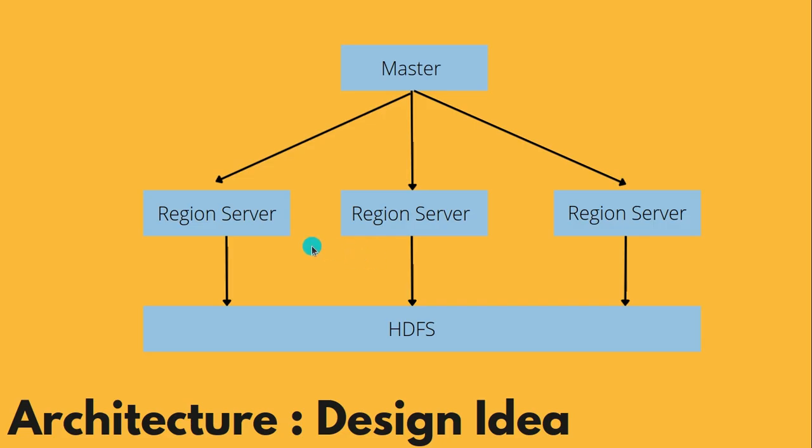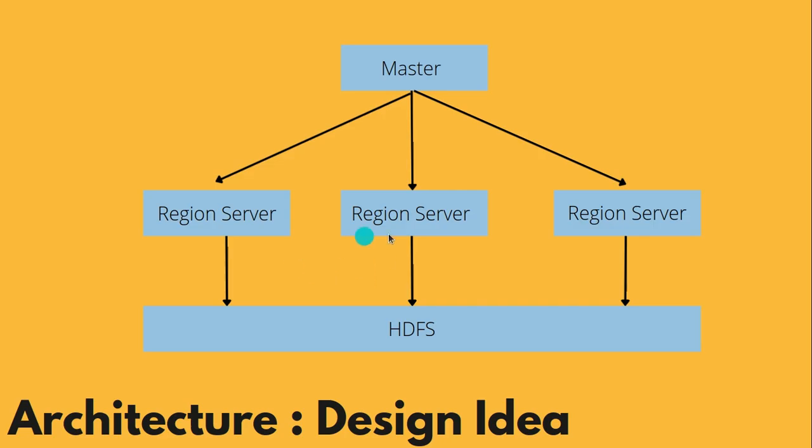Actually, if we talk about HBase, it consists of two things: HMaster and HRegionServer, and it follows the master slave architecture. As I've already told you, in the case of Hadoop, and also in multiple frameworks, we use this master slave architecture. Actually, guys, in the case of HBase, it divides the table into multiple blocks, which we call regions, and it stores them in HRegionServers.